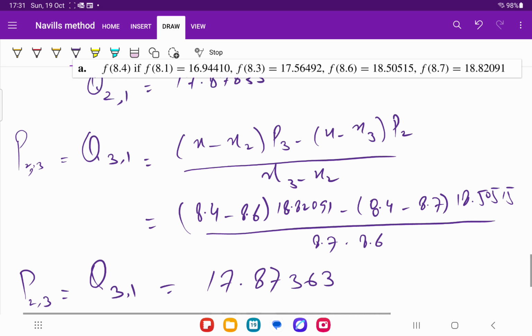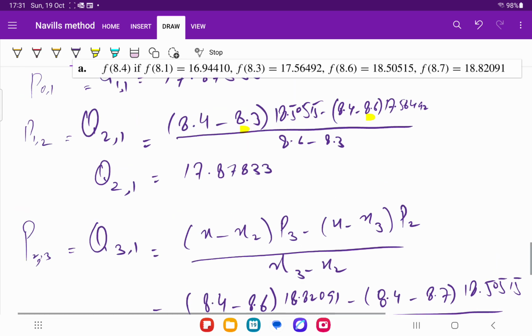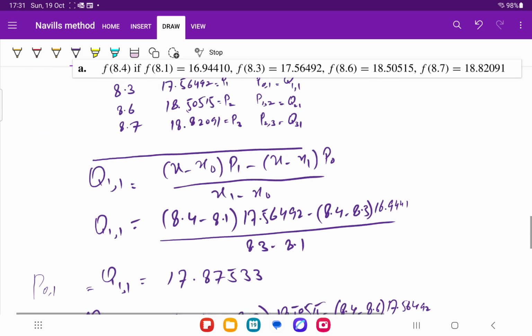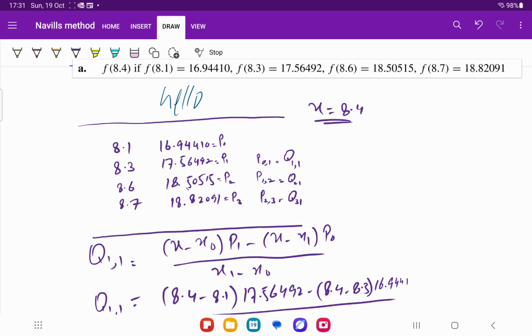Okay. So it means that we have generated 3 values, and these 3 values we mention here. What are these values?